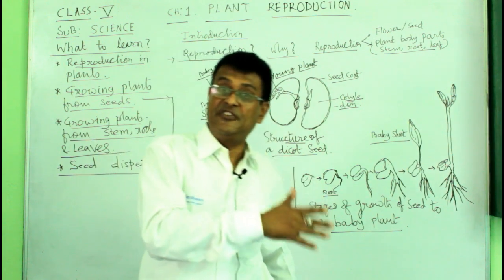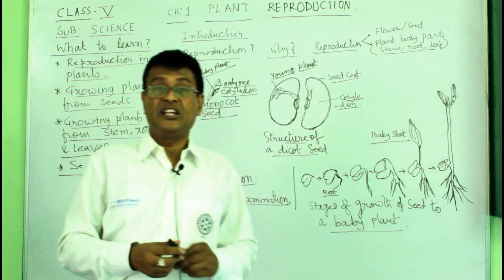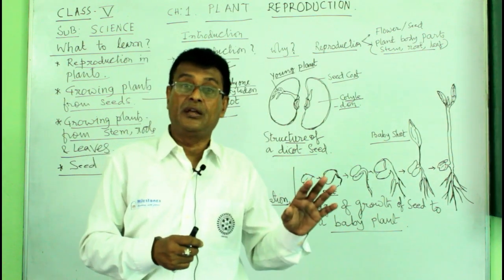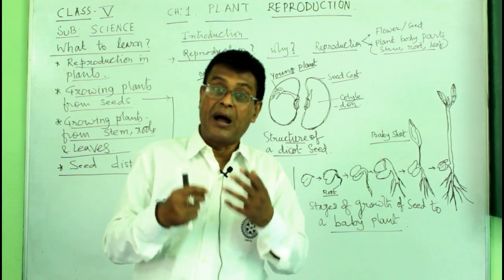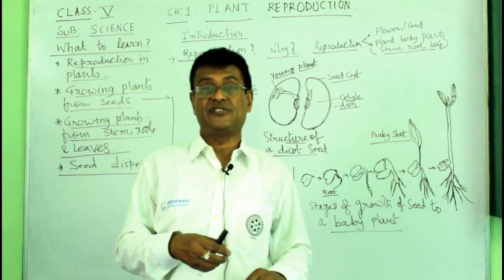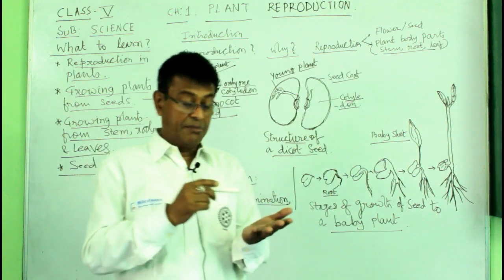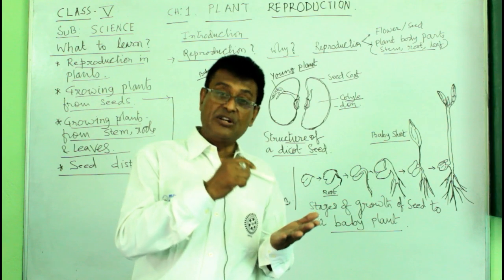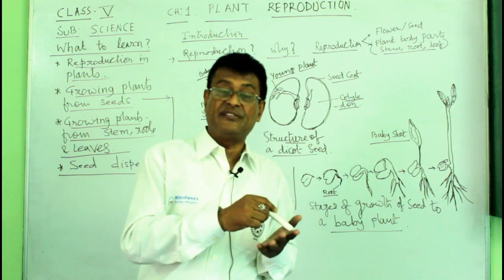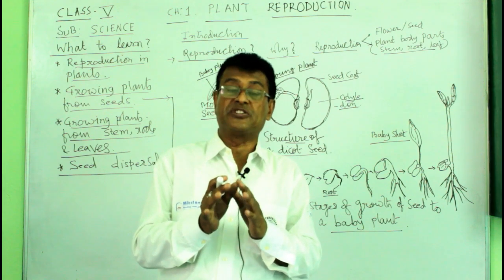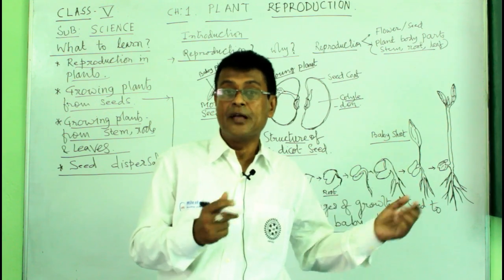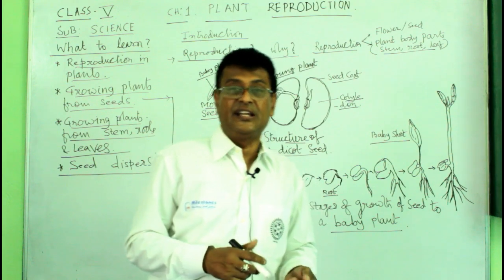They are very much living, but they are inactive for the time. They need to be activated by some natural factors. That is suitable temperature, obviously water, oxygen, and finally through the process of germination, they come out as baby plants.